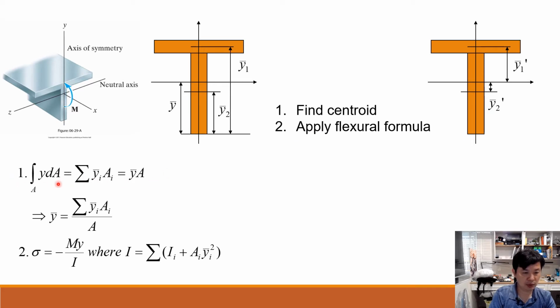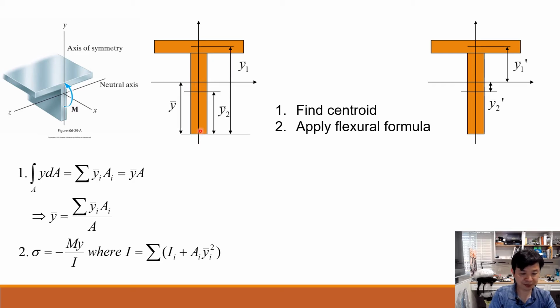This is the equation we derived first, the integral of y dA across the cross-section A. And in practical cases, for a T structure like this shape, if you don't know where the centroid is, you just determine an origin of this cross-section from this place or somewhere else.